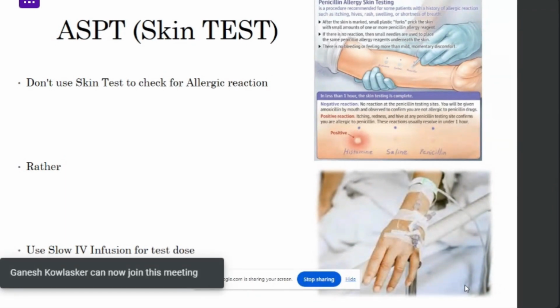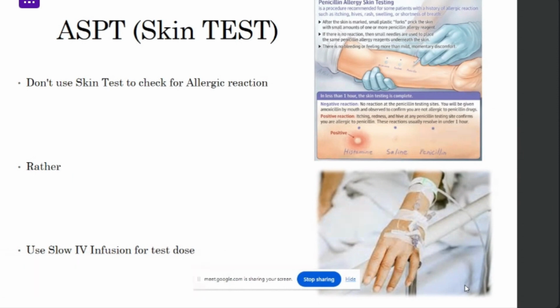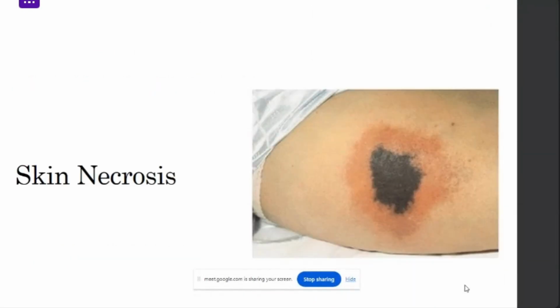How? Just prepare a small amount of the drug, use the IV infusion set, and give a very small dose, supposedly 1 ml of the drug. Observe for 10 minutes. If there is no reaction, then you can slowly give it as per the instruction given by the physician.